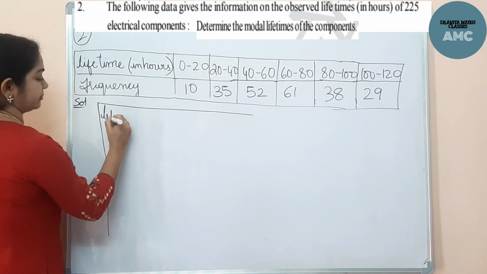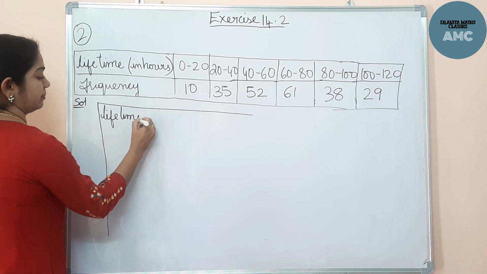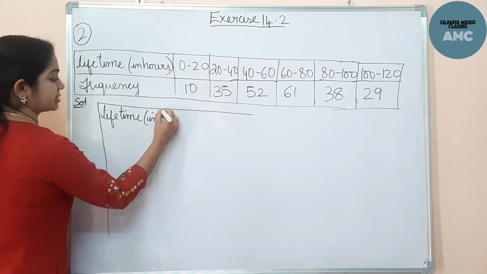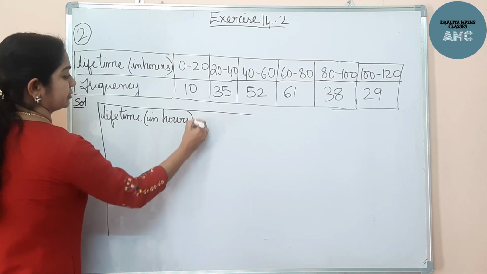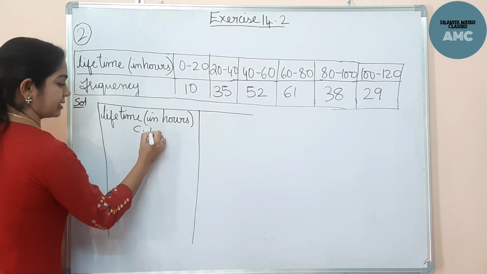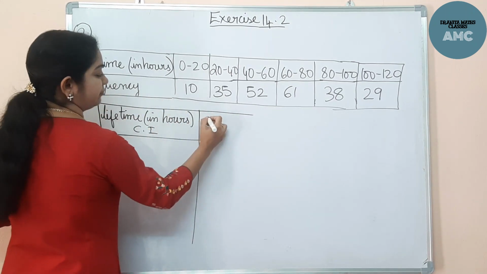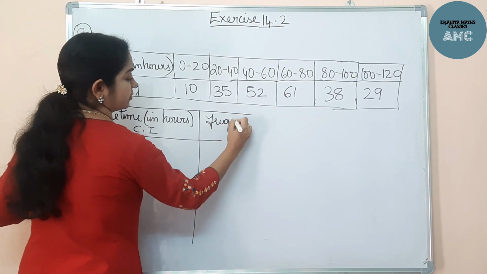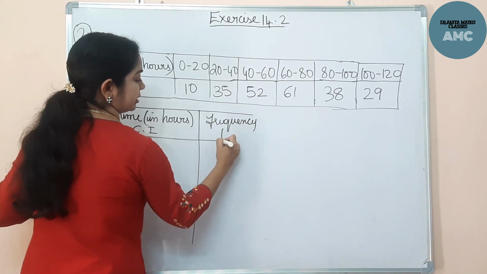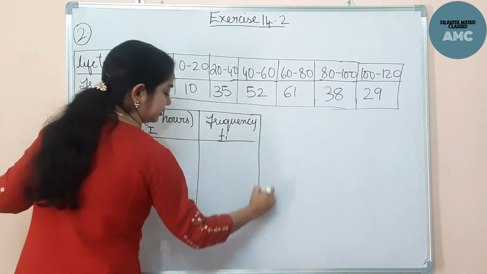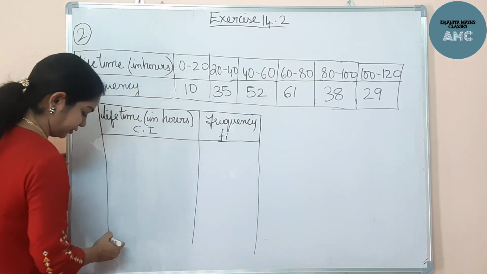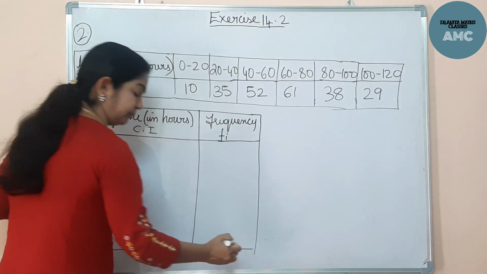The lifetime of the electrical components in hours. Here this is our class interval, right? And the frequency is fi, right? For the mode, we don't have to find anything, not even the mid values.